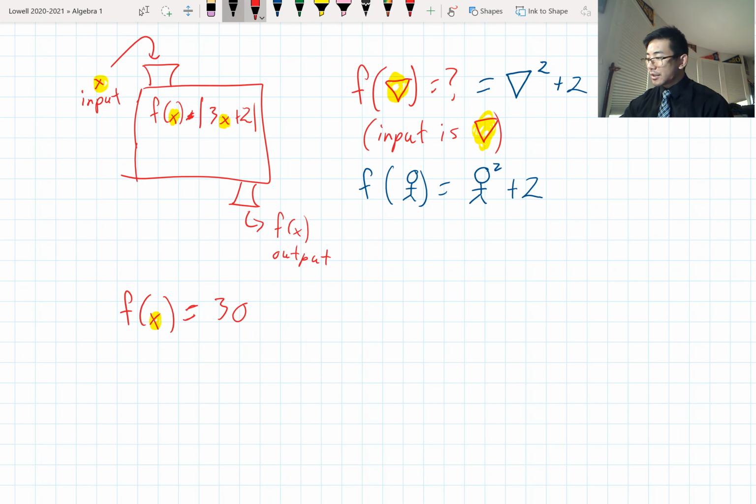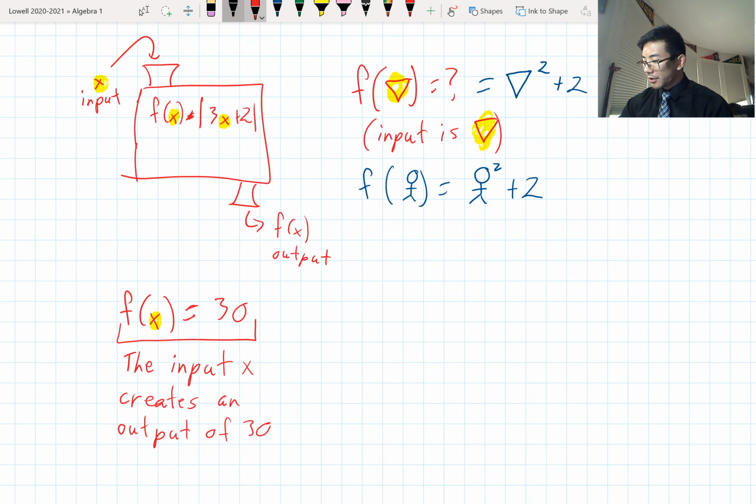So the problem that is being presented to you is that, hey, the input x causes an output of 30. So in this case, we know what the output is, but we don't know what the input was. Okay, so let's try to figure out what that is then.